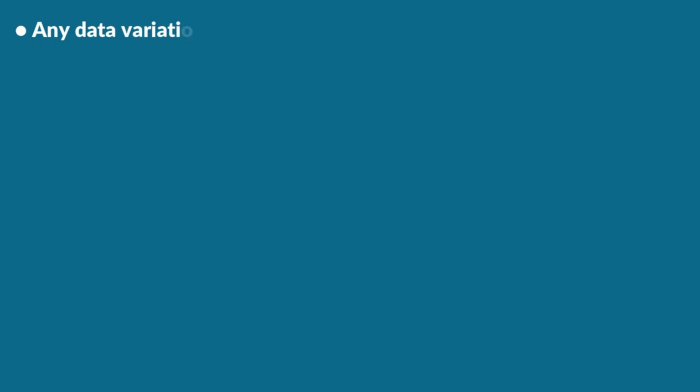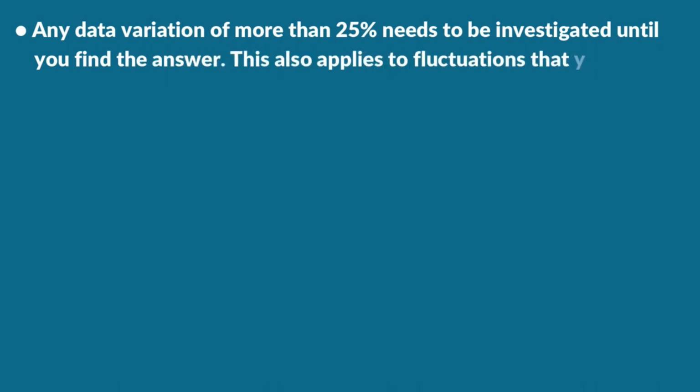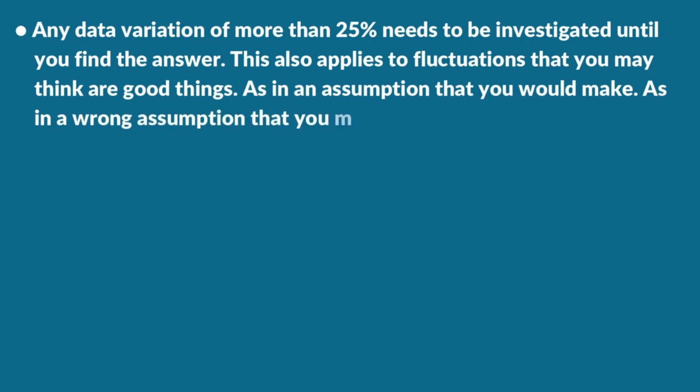Any data variation of more than 25% needs to be investigated until you find the answer. This also applies to fluctuations that you may think are good things, as in a wrong assumption that you might make.